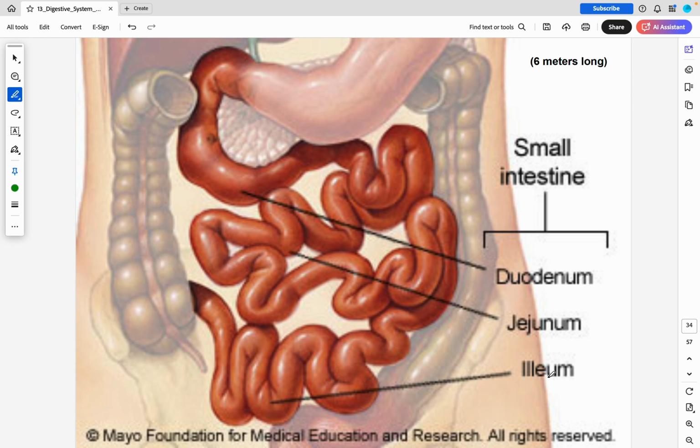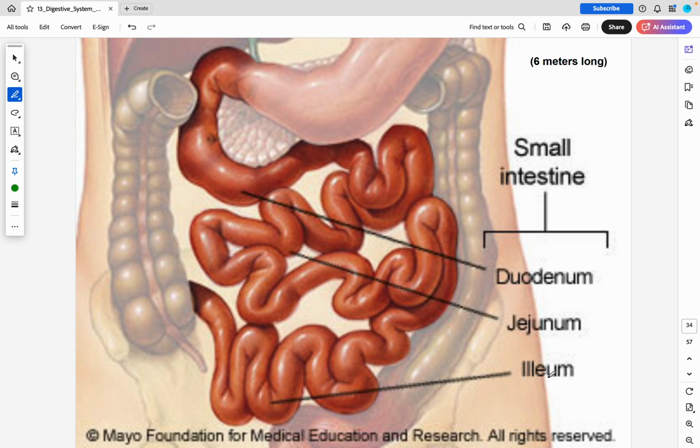The inner walls of the small intestine are covered by millions of finger-like projections called villi, which allow digestion and absorption of nutrients. Each villus is additionally bordered with a short, delicate process known as microvilli.